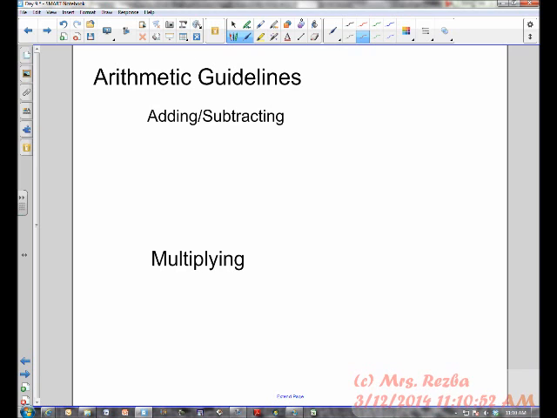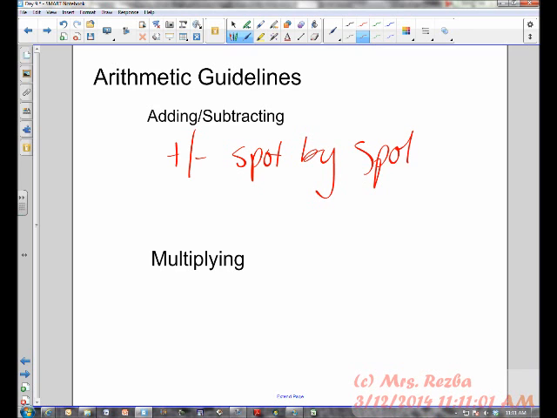So, guidelines, adding and subtracting. You add and subtract spot by spot. When you look at a matrix, it's going to have a square brace all the way through. So if we want to add or subtract two matrices, we're going to have something here and something here.